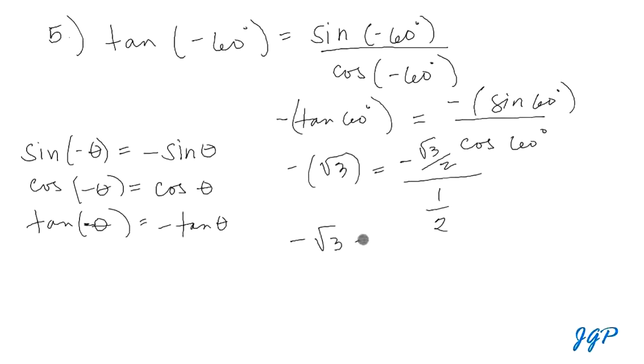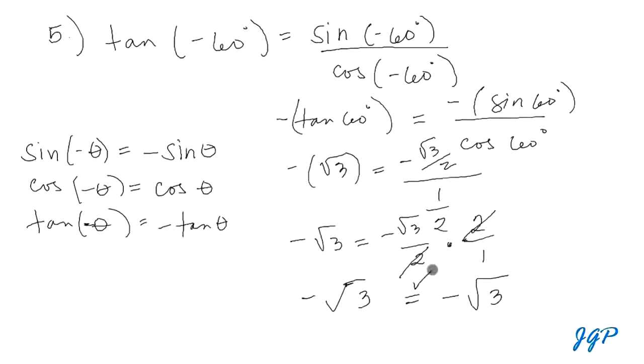Is equal to, copy the numerator, negative square root of 3 over 2, proceed to multiplication, and get the reciprocal of your denominator, so that is 2 over 1. Now the 2s can cancel, becomes 1. What remains is negative square root of 3 and 1. So, negative square root of 3 is equal to negative square root of 3. We have now a true statement.